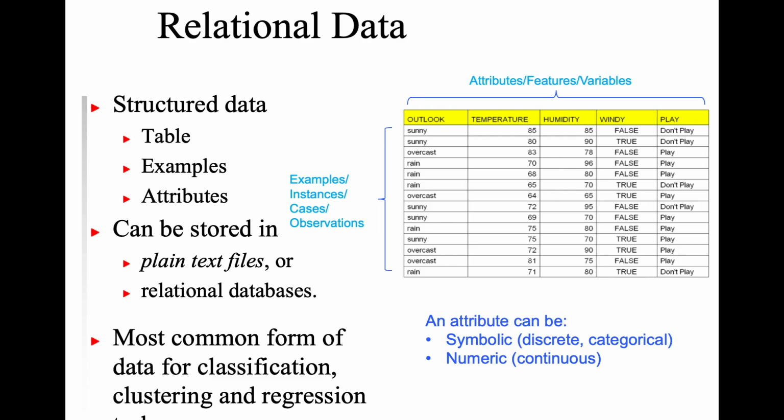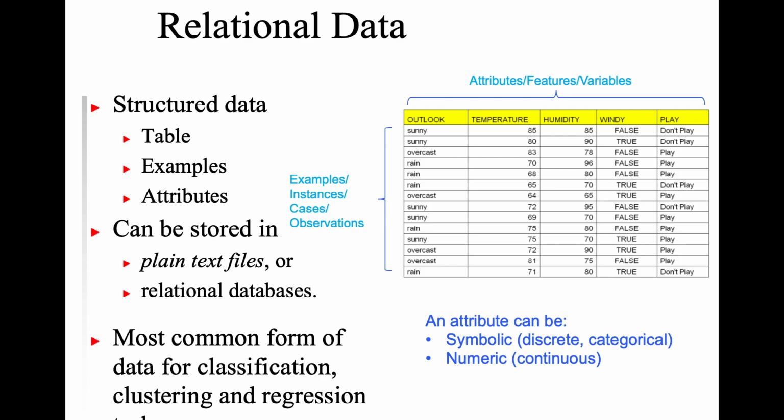what is structured data? We can store structured data in tables, for example, what you do in your database course if you took it. So you store your data in tables and rows.